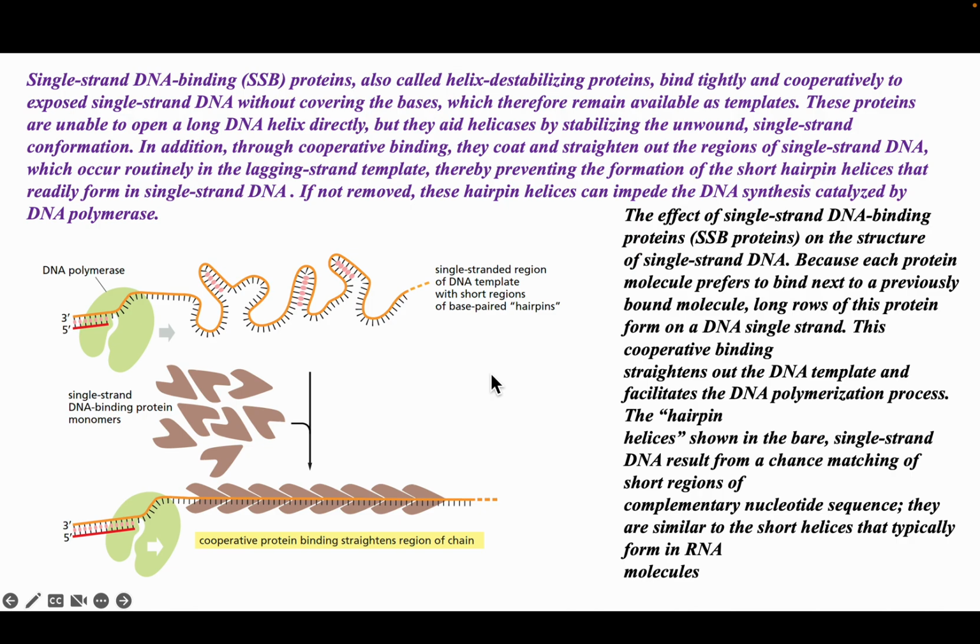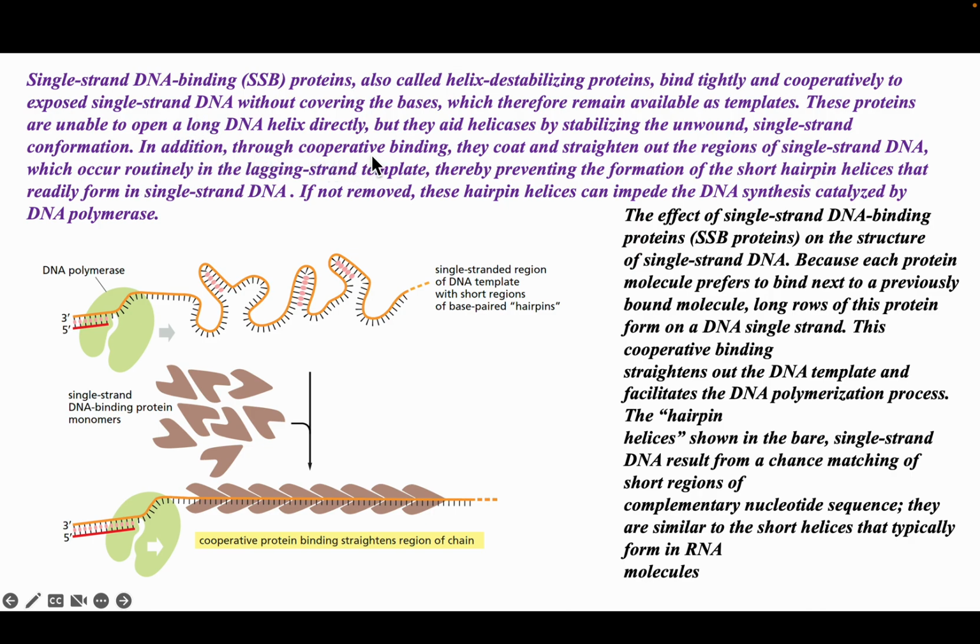Now we'll discuss single strand DNA binding protein. Single strand DNA binding proteins, also called helix destabilizing proteins, bind tightly and cooperatively to exposed single strand DNA without covering the bases, which therefore remain available as template. These proteins are unable to open a long DNA helix directly, but they aid helicases by stabilizing the unwound single strand conformation.